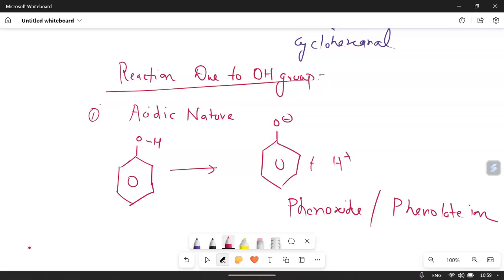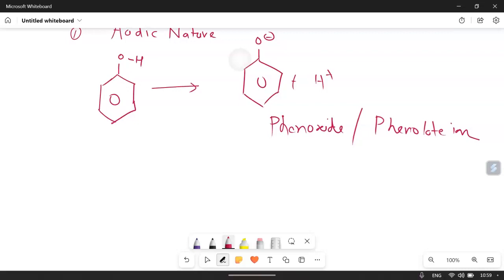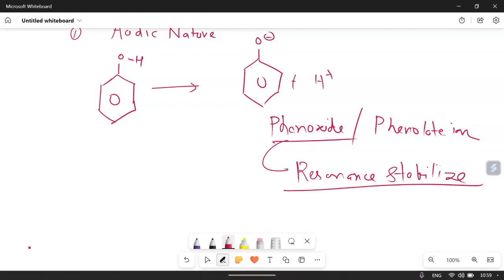Remember that. Now, phenol is acidic in nature due to formation of phenoxide ion, and this phenoxide ion is resonance stabilized, because there is a benzene ring and there is negative charge on O. So the formation of this ion is very useful.